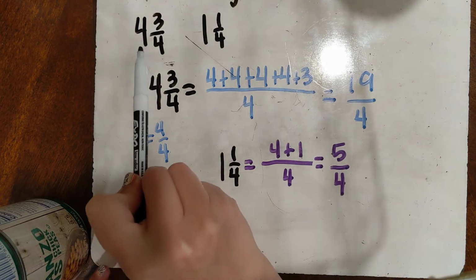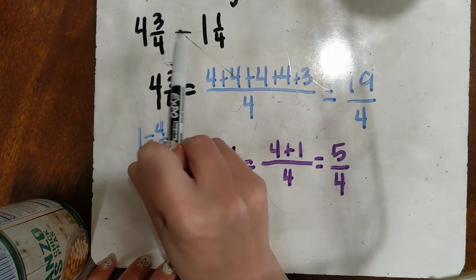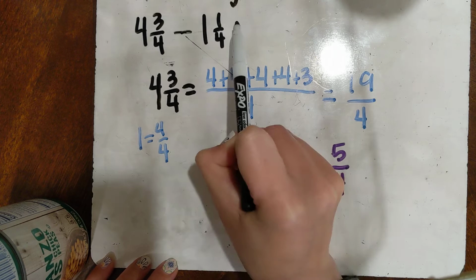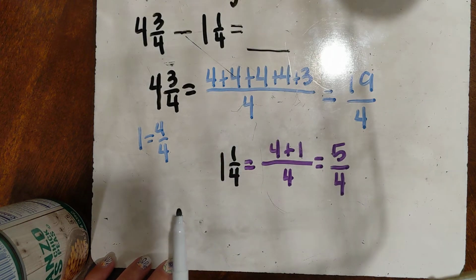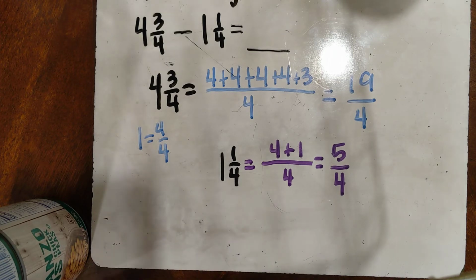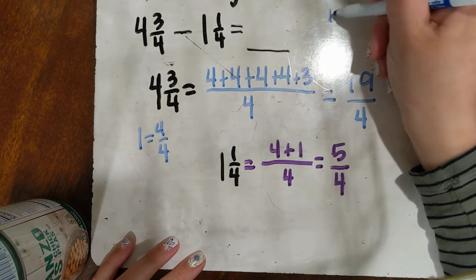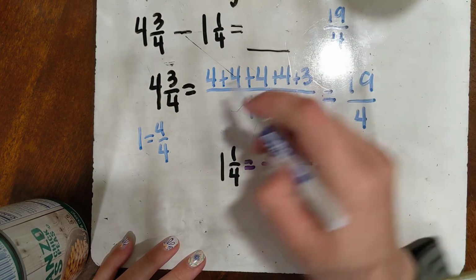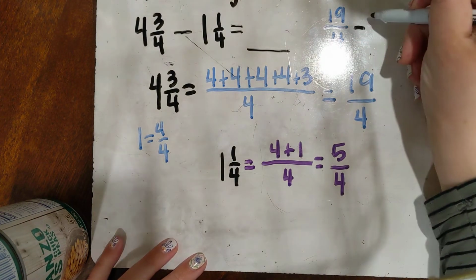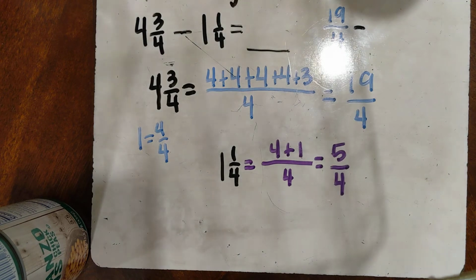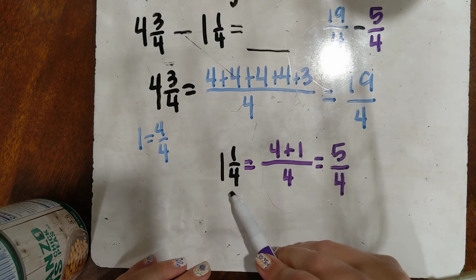She had 4 3/4 boxes of games, but she gave away 1 1/4 boxes. And we need to find out what her total at the end was. So another way we could write that is 19/4, because that's equal to 4 3/4, subtract 5/4, which is the 1 1/4.